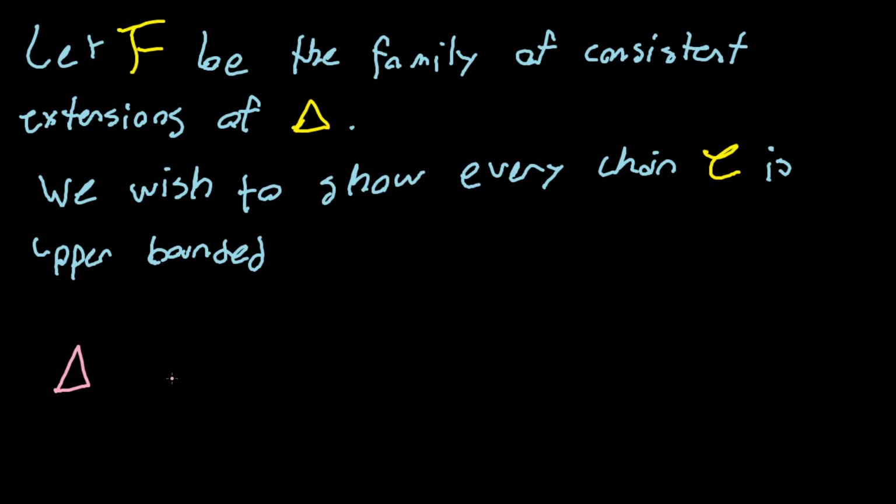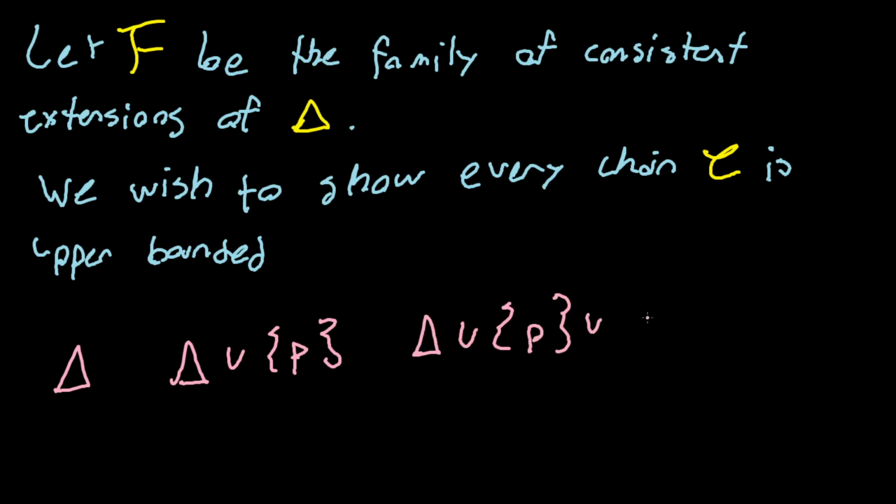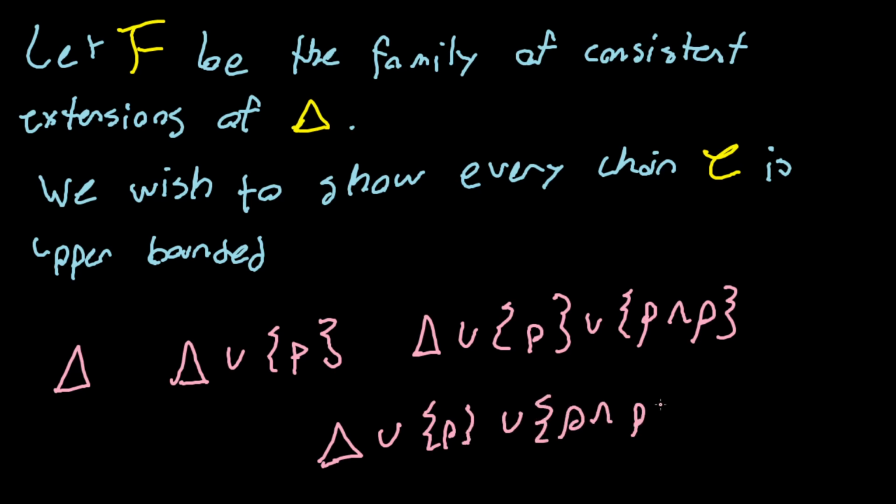And then maybe the next element is delta union the statement P, and then it's delta union P union the statement P and P. And then maybe it's delta union P union P and P union P and P and P. I'm picking this example because this is obviously consistent, right?